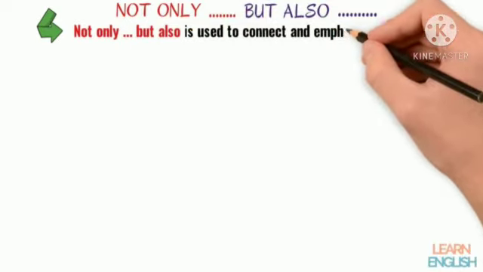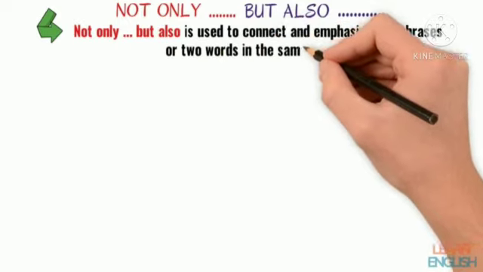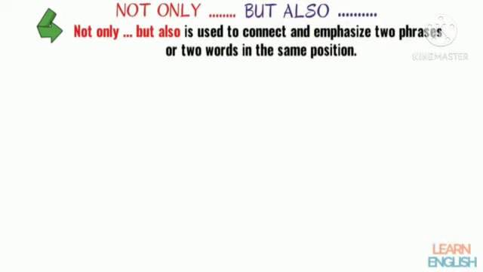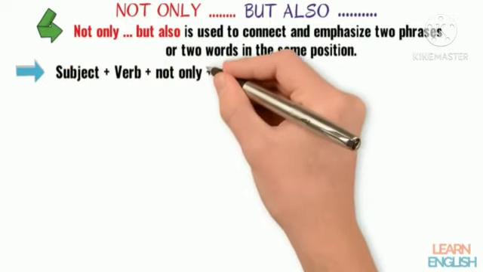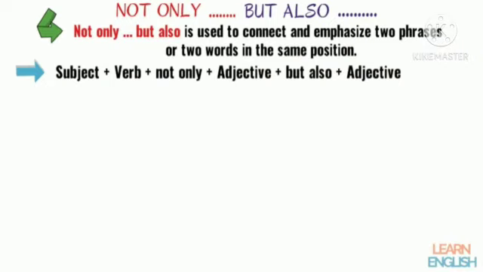Not only but also is used to connect and emphasize two phrases or two words in the same position. And this is the order: subject plus verb plus not only plus adjective plus but also plus adjective. When we are combining two qualities, after the subject and verb we use not only, and then comes the adjective, and then but also plus adjective.